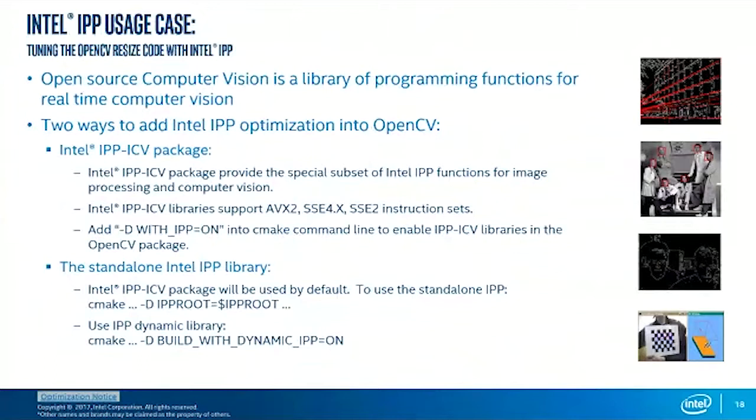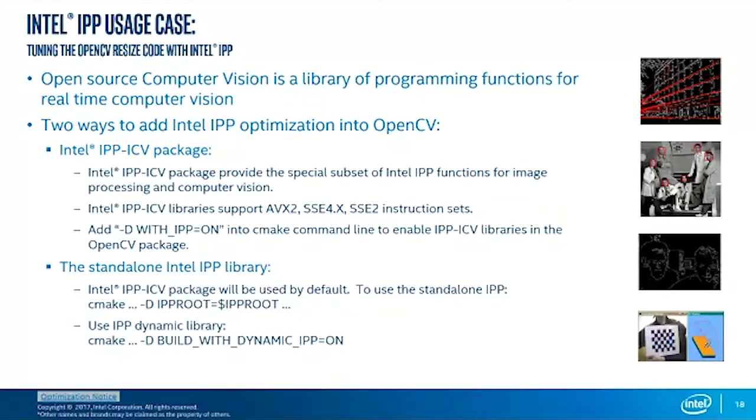OpenCV, the open source computer vision library, is a library of programming functions for real-time computer vision. There are 2 ways to utilize Intel IPP in OpenCV.